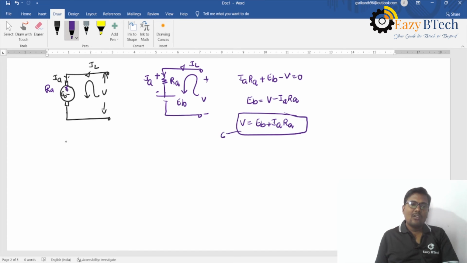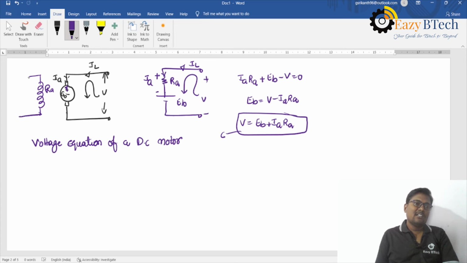This is the voltage equation of a DC motor. Here the field winding is excited with an external supply, so that we can have a mechanical load on the armature.